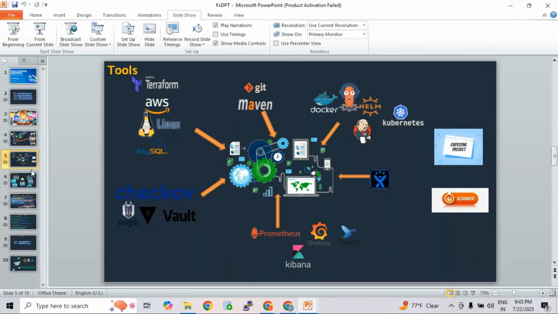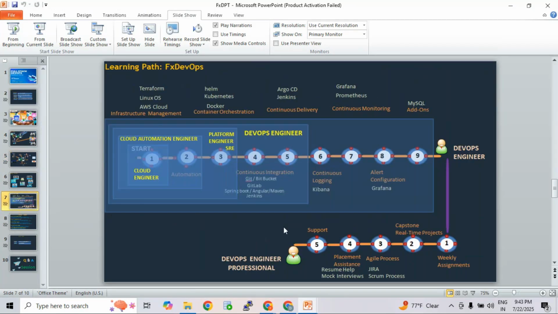I think I have given enough details in the demonstration session about the learning path and the sequence in which we are learning all these different tools, because I strongly believe learning will be easy only if we know which tool we need to learn first and which next. That's how we need to understand the dependencies.